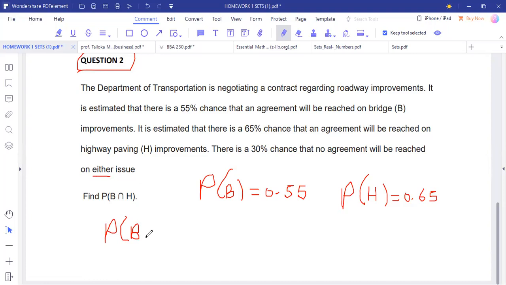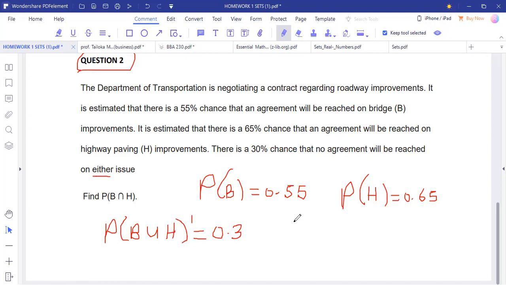So we have the probability of B union H complement equal to 0.3. That's what they're saying here, because there is a 30% chance that no agreement will be reached on either issue.